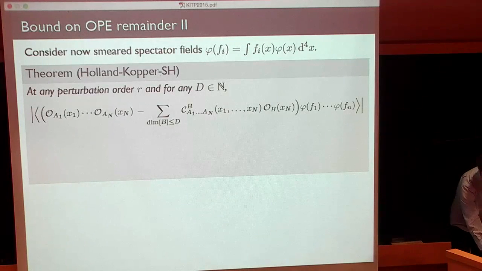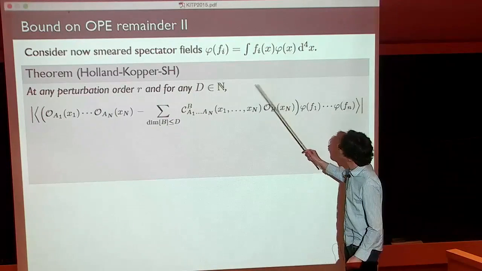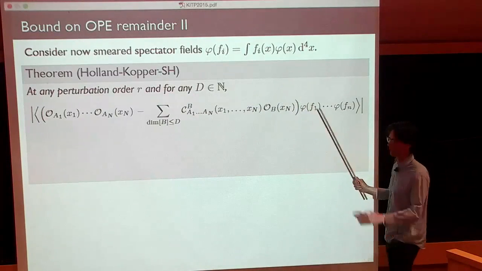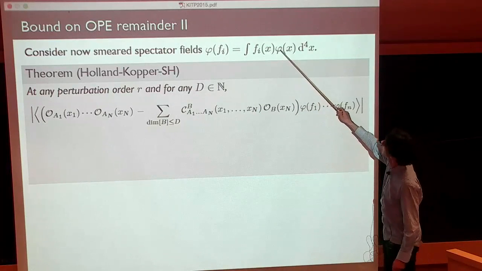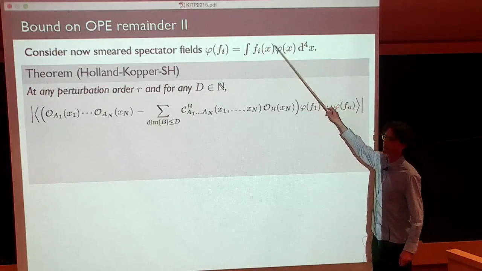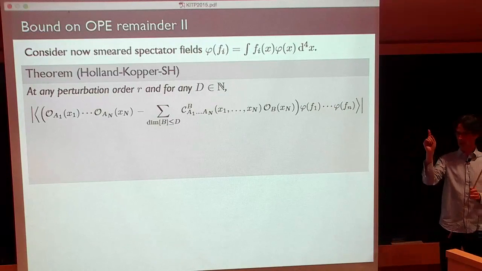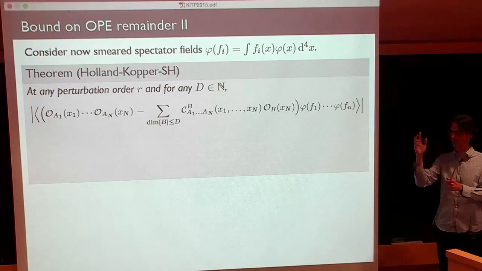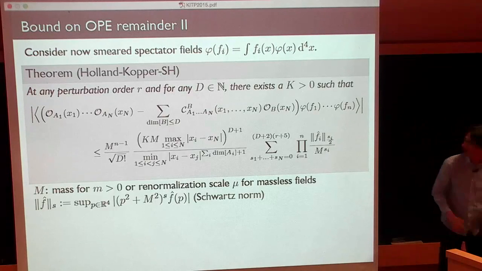Okay, so you can also do something if you don't like these exceptional configurations: you can use a wave packet rather than a sharp momentum. Technically you take the spectator and integrate it against some profile. So you take the test function in momentum space, localized around some fixed momentum but smoothed out.